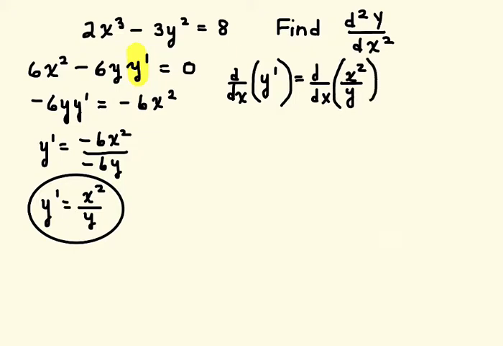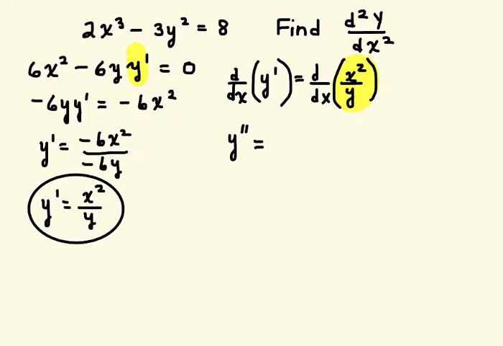Okay, so the derivative of y prime with respect to x is y double prime. I'm going left to right. And now I'm going to have to take the derivative of x squared over y with respect to x, which means I'm going to need to use the quotient rule.